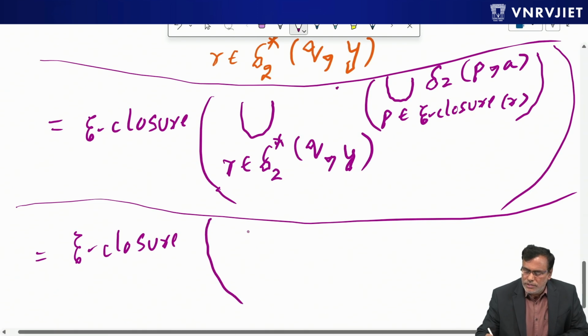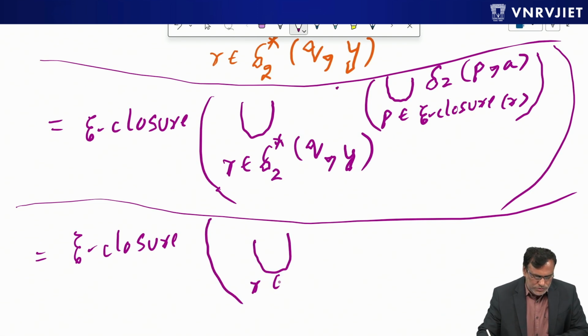That is, in the bracket, union of R belongs to delta 2 star of QY, be careful, delta 2 star of QY, delta 2 of, whatever you are writing, that same thing you have to write.